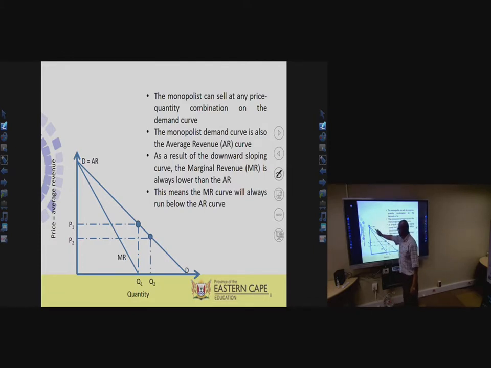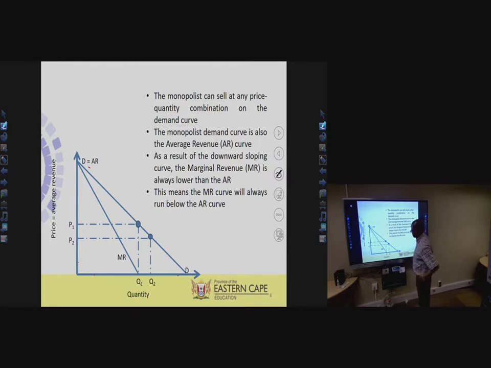Remember, it's falling from the left to the right. It's a normal demand curve, which means that at higher prices people will demand less quantity, but at lower prices people will demand higher quantities.